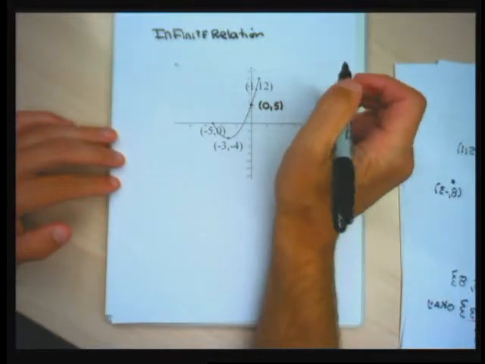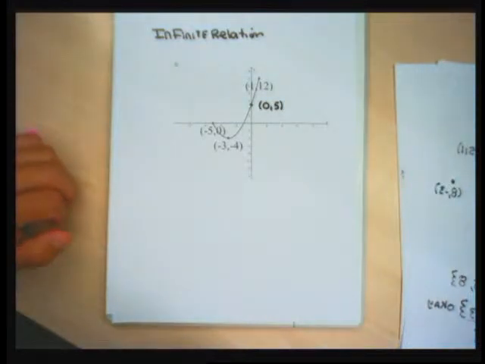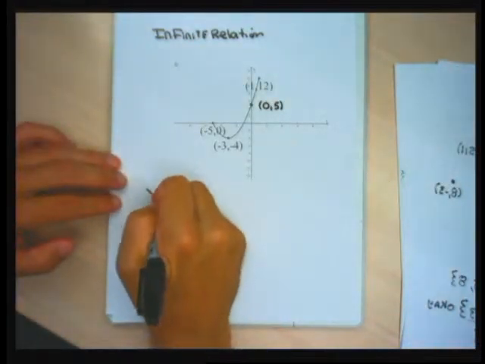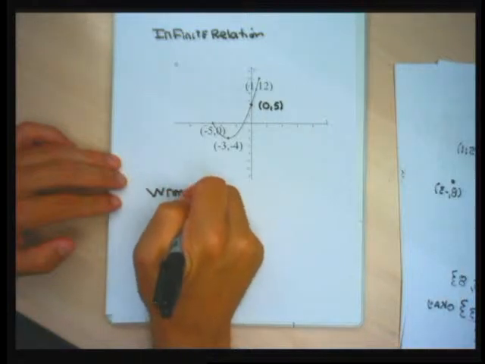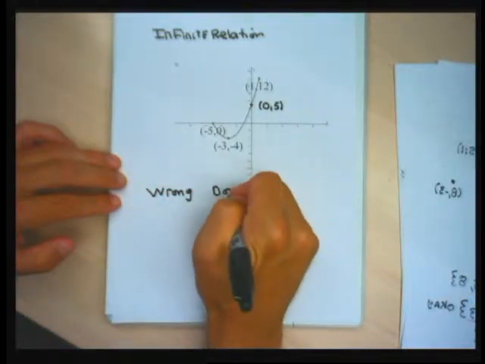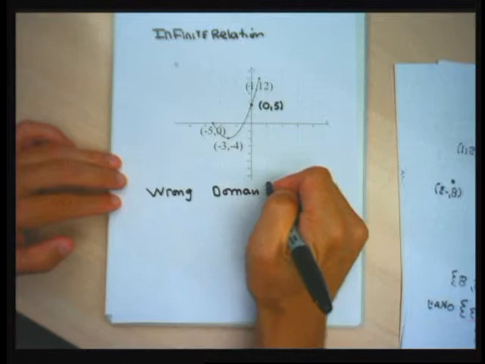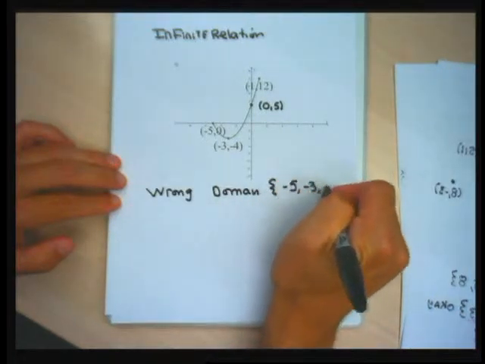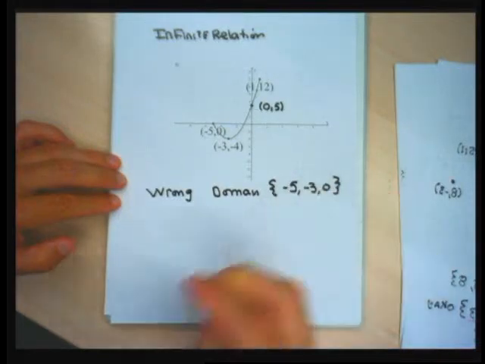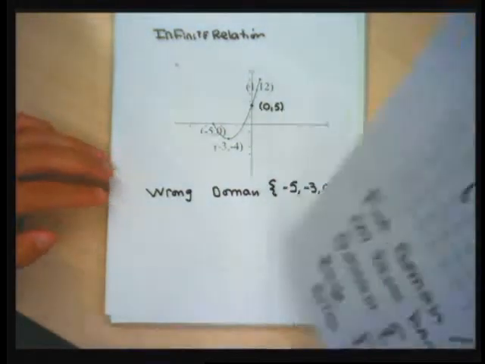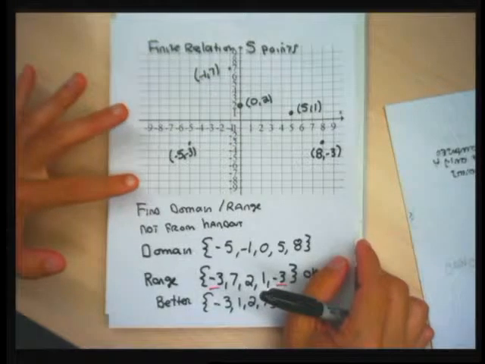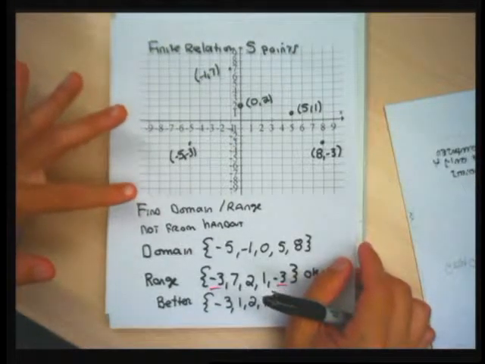So if I was to write the domain using set notation, it would be wrong to say the domain are the values -5, -3, and 0. The difference between the last problems and this problem, the last problems the points weren't connected. It's not correct to connect the points.